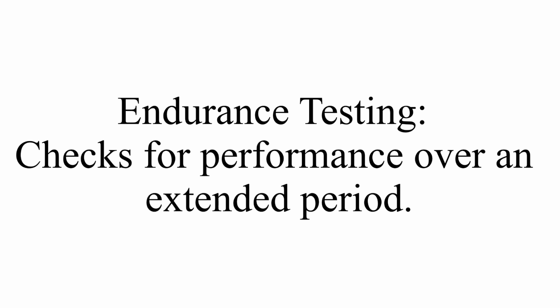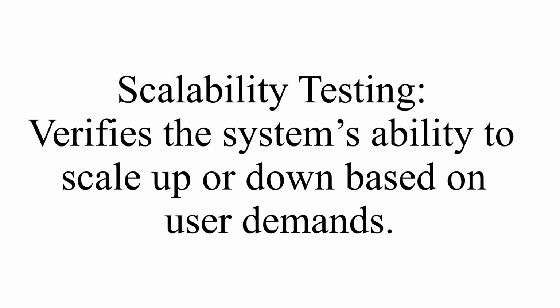An example, running a banking application continuously for 48 hours to detect any memory leaks. Scalability testing verifies the system's ability to scale up or down based on user demands. An example, ensuring an app can scale from 1,000 to 50,000 users without degradation.